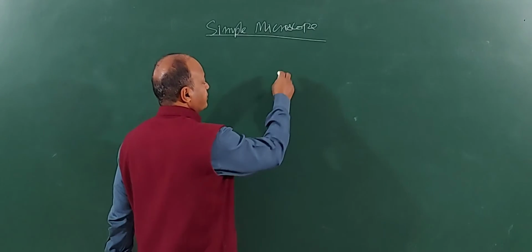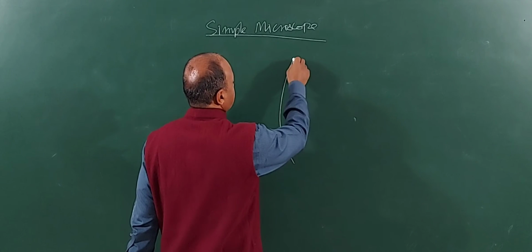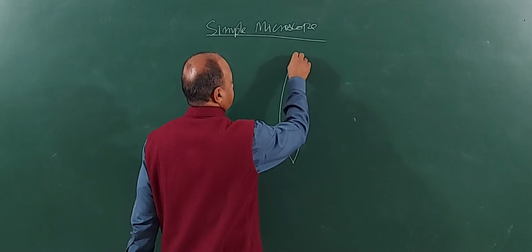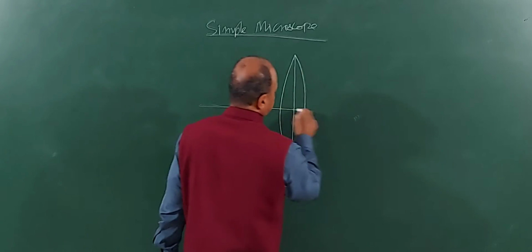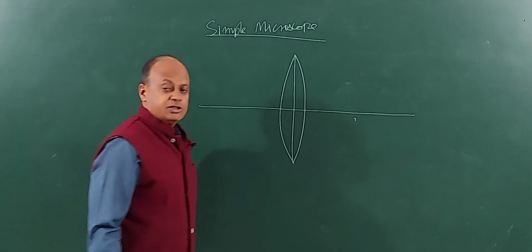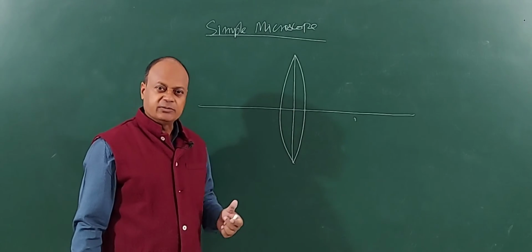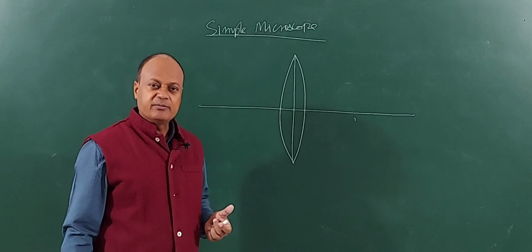It consists of a convex lens like this, and generally speaking, the smaller the focal length of this convex lens, the more will be the magnifying power.